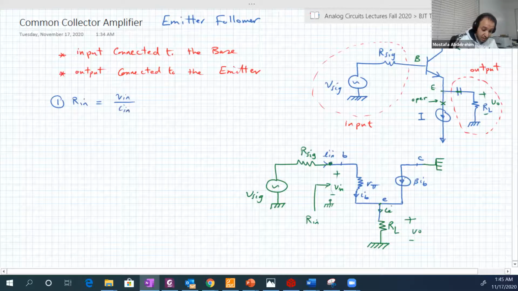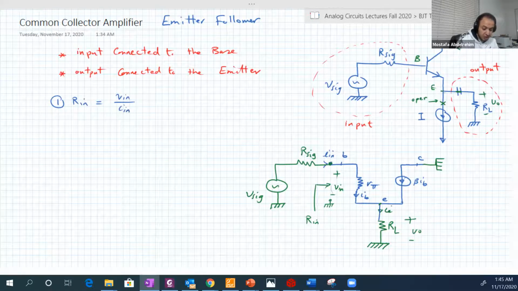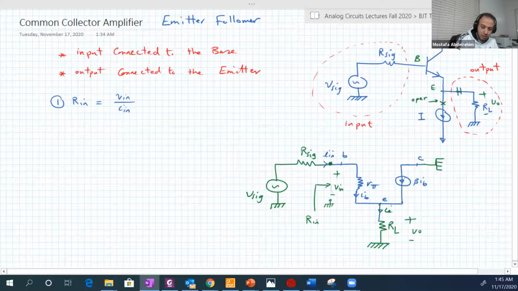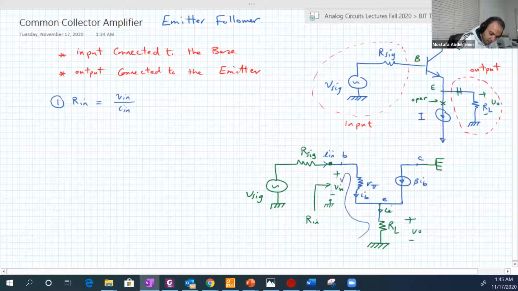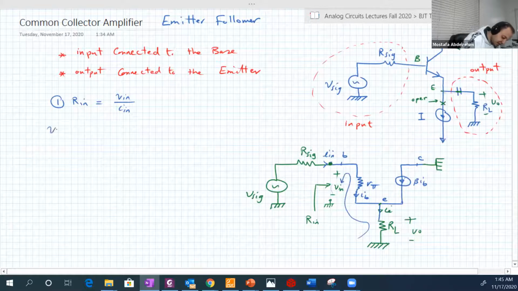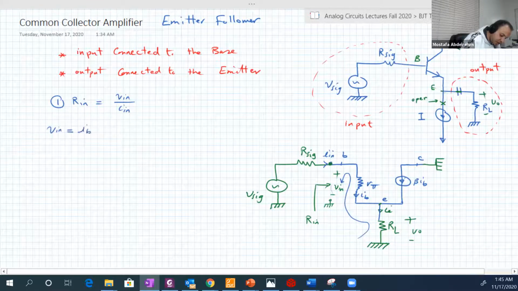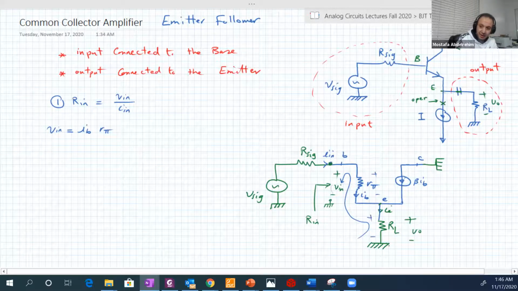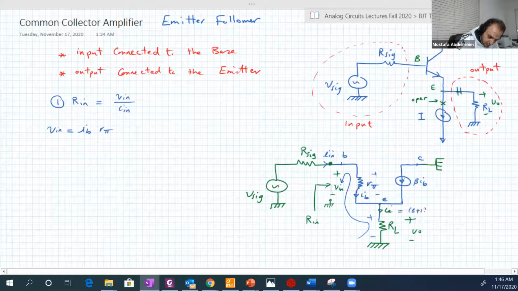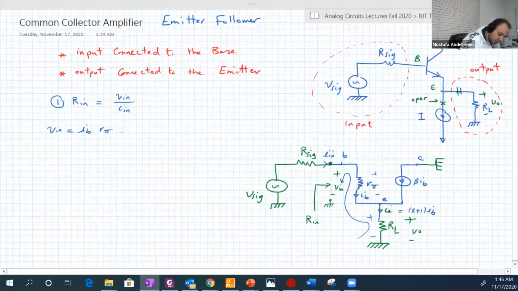So what is V input? V input is the voltage between this point and the ground. If we make a loop like this, we find that V input is equal to IB R pi, the voltage across R pi, plus the voltage across RL. The current in RL is IE, which is beta plus 1 IB. So plus beta plus 1 IB RL.